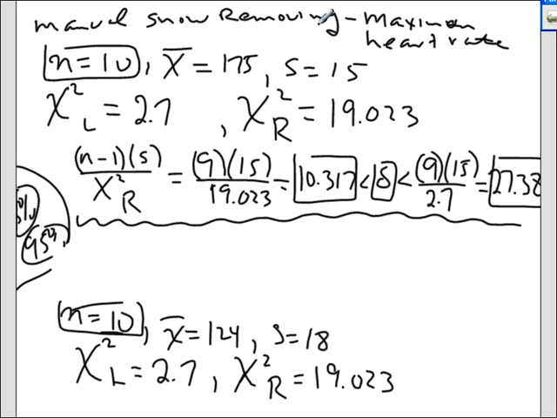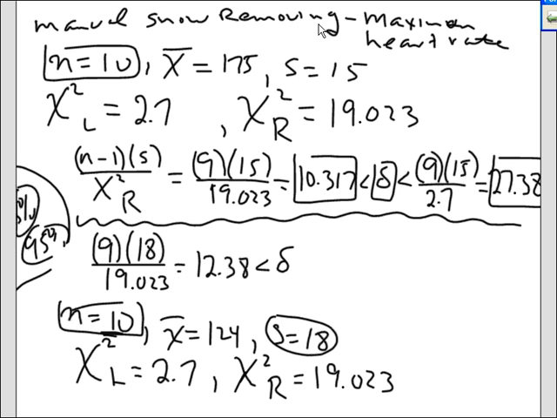Now, let's go down to the electric snow thrower statistics. Since n is 10, n minus 1 is 9, times the standard deviation, which is 18, divided by chi-squared R, which is still 19.023, it turns out that number is 12.38.